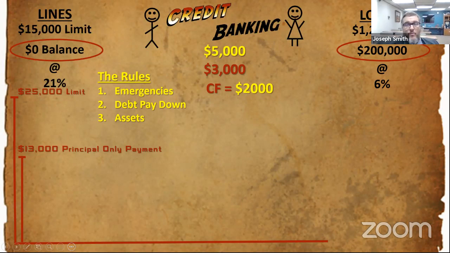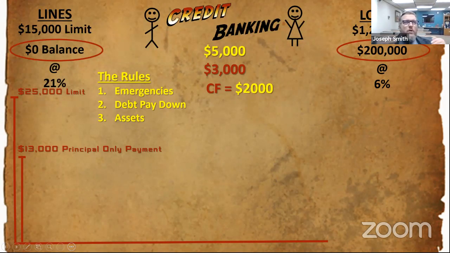We're applying principal only to the loan. And now I have people who will always ask me, well, wait a minute. You can't pay your mortgage with a credit card. Okay. I'm going to come back to that one for you. All right. Let's hold on to that. Let's pretend for a moment that you can't. All right. So we're going to take our credit card and we're going to make a $13,000 principal only payment.